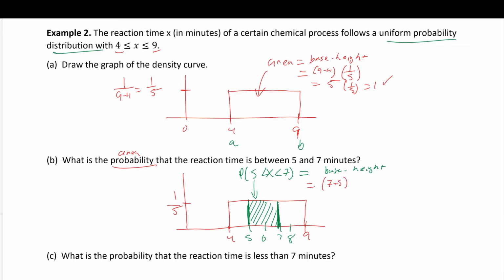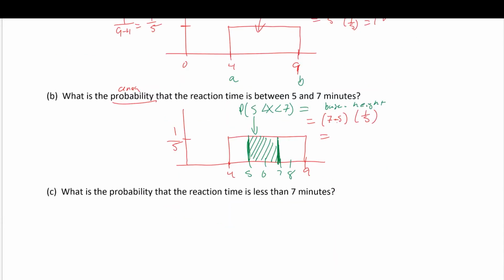And the height, we've already established that that's 1 out of 5. 7 minus 5 is 2 times 1/5 is equal to 2 over 5, or 0.4. Now if I look at this picture, it does look like it's 0.4.